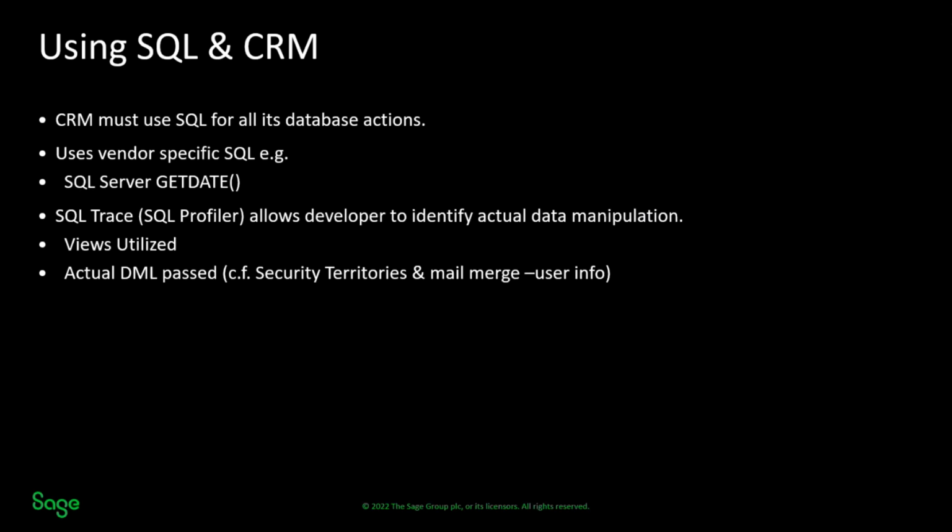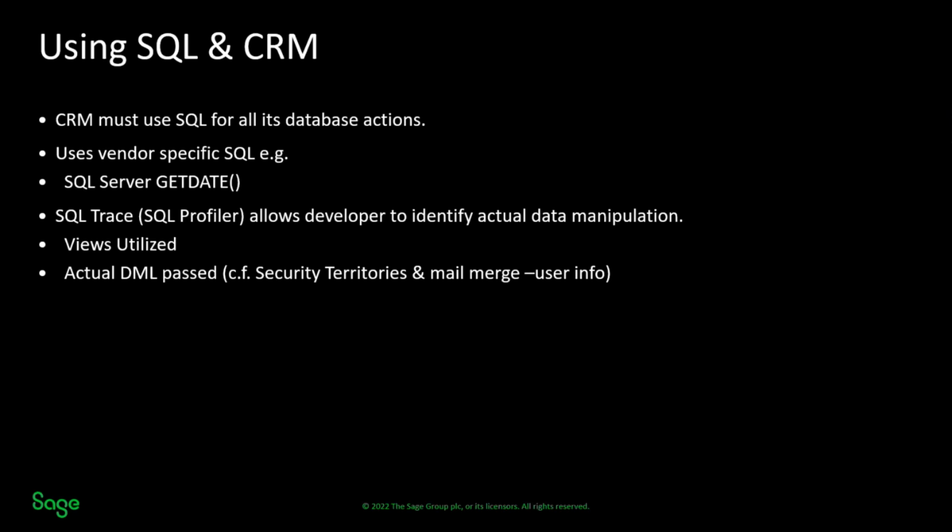Now, when we come to using SQL, whether our supported database is SQL Server Enterprise Edition or Web Edition, or SQL Server Express, or Azure SQL, CRM always uses SQL for that target database, and it always uses vendor-specific SQL.